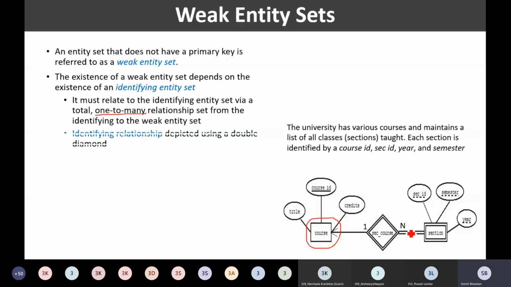Okay, so weak entity set is depicted using double rectangle. The identifying relationship set is depicted using double diamond. This is double rectangle and this is double diamond. Okay, and the important point to be noted is the identifying relationship is having always the cardinality 1 to many, 1 towards the identifying entity set and many towards the weak entity set.